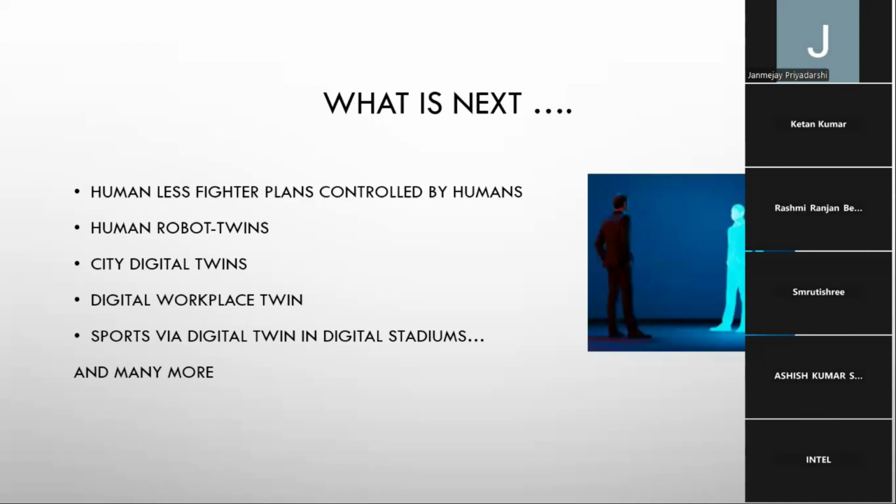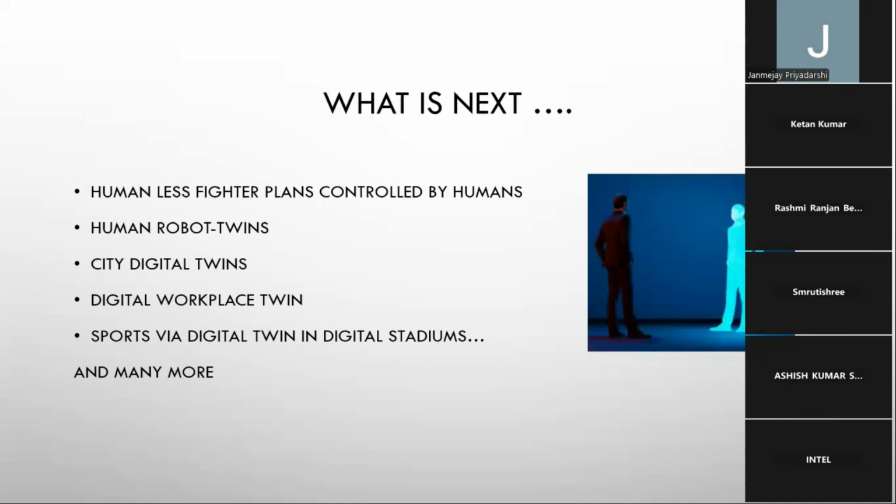Then the digital workplace twin. Now, the digital workplace twin is still a concept, where all offices will create their own twin, and their offices will be in a virtual world, like Facebook, or like the games that are there. Similarly, your workplaces will be there.